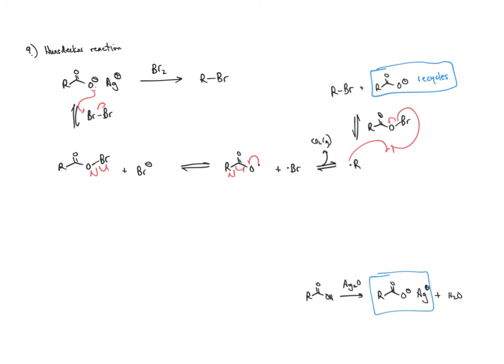Okay. All right, so the last reaction in this section is decarboxylation reactions. So the decarboxylation of carboxylic acids. Okay, so when we have something known as a beta-keto acid, so this is a beta-keto acid. Why is it a beta-keto acid?